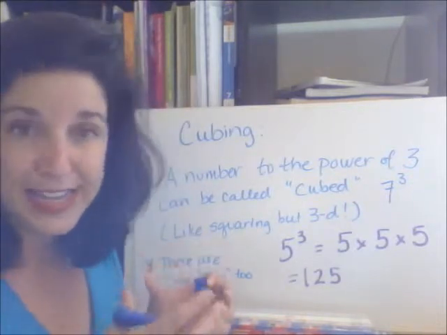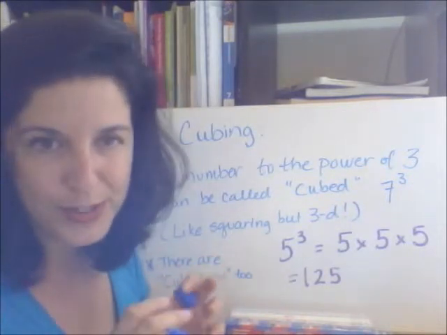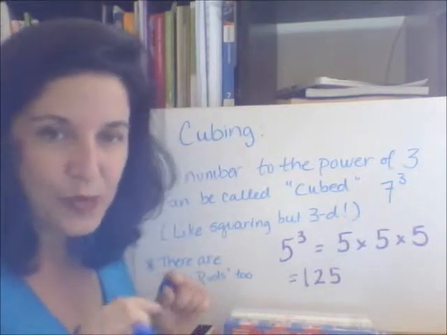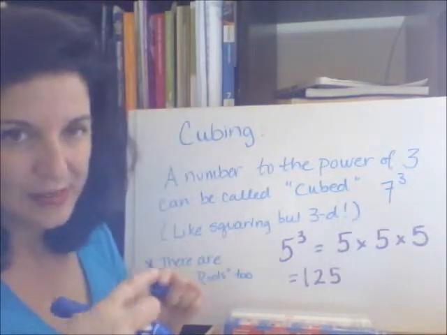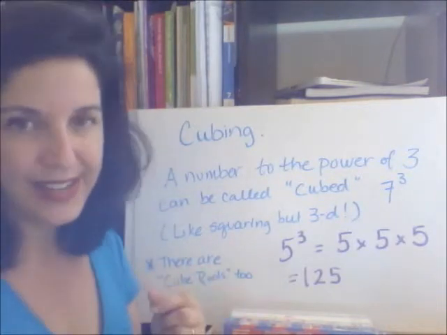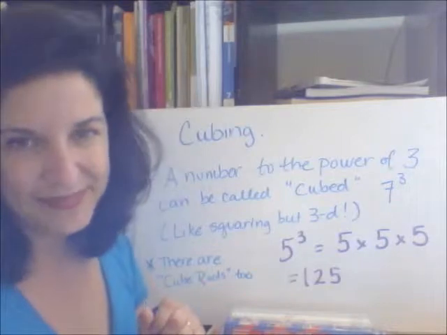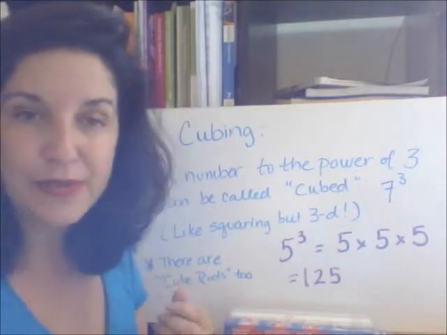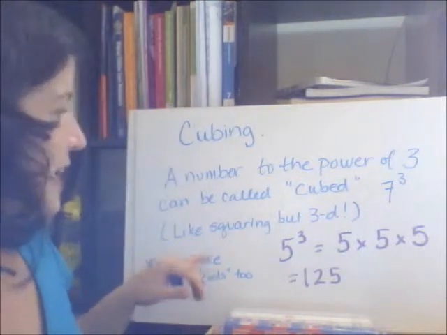If I had a Rubik's Cube or something here, I could find one dimension, like the length of it, and cube it, and I would have the volume of that cube. We'll look at that a little bit more when we're looking at measurement, but it's good to know and relate that back later.